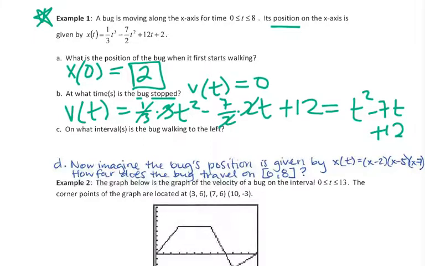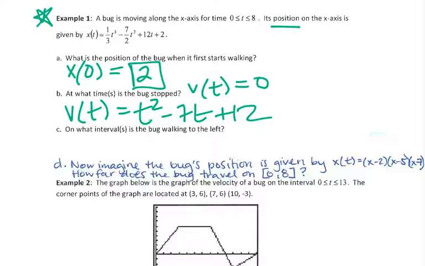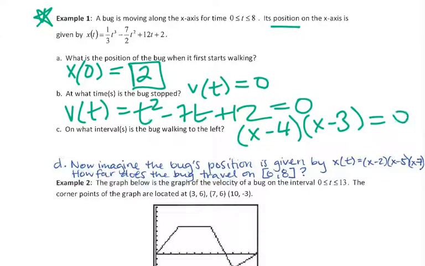All right, so now we want to know when that quadratic is equal to 0. I'm going to erase the work here because there isn't much space. We can solve this actually without the graph. We can solve this by factoring. So let's set this equal to 0. We're going to factor (t minus 4)(t minus 3) equals 0.